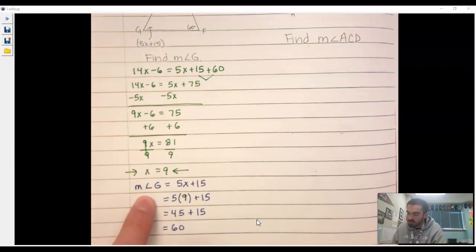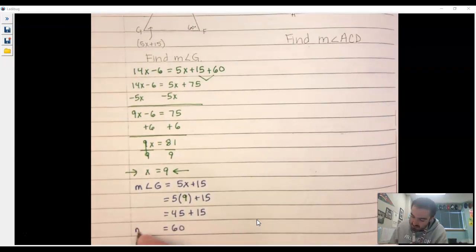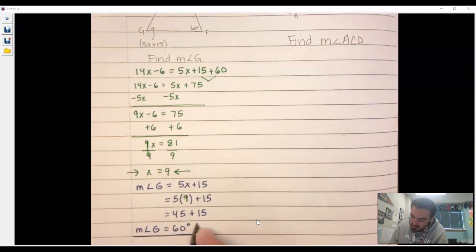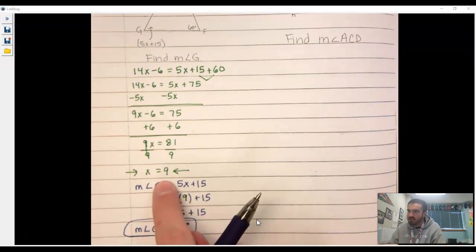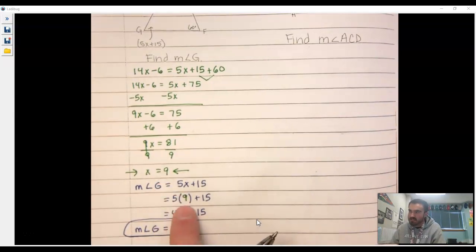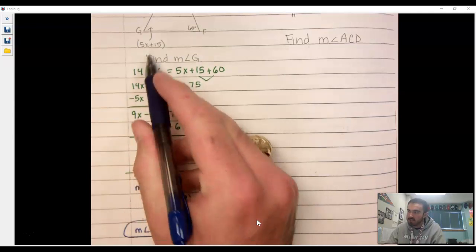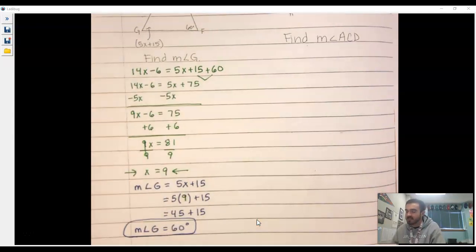Remember, the measure of angle G needs a degrees sign, so the measure of angle G is 60 degrees. We did it. We solved for x, we plugged x into angle G, and got 60 degrees.